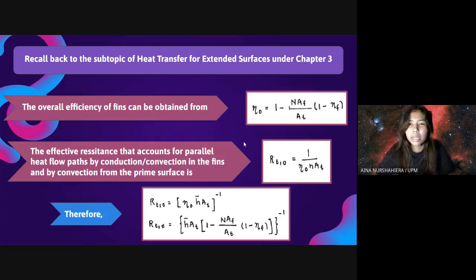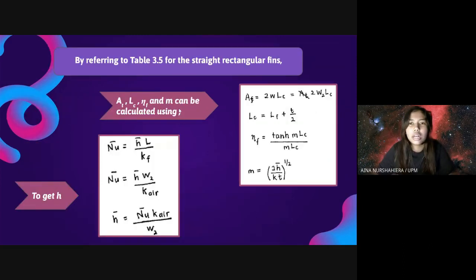By simultaneously combining these two equations, we can get the formula for Rt,o, which is this one. As you can see from this formula, there are a few unknowns that we need to determine, which are h bar, the area of the fin and the total area, as well as the efficiency of the fin.